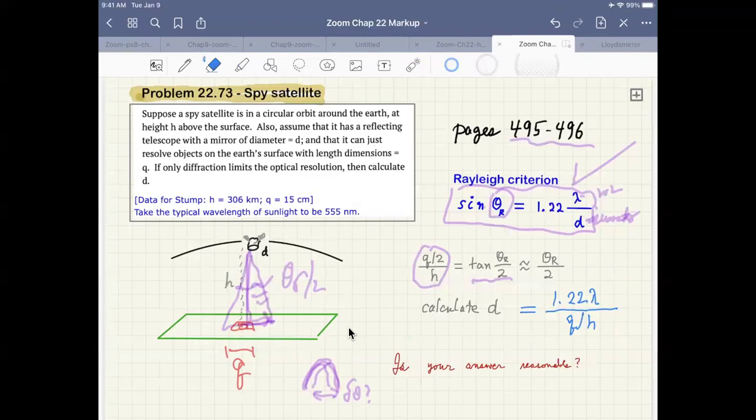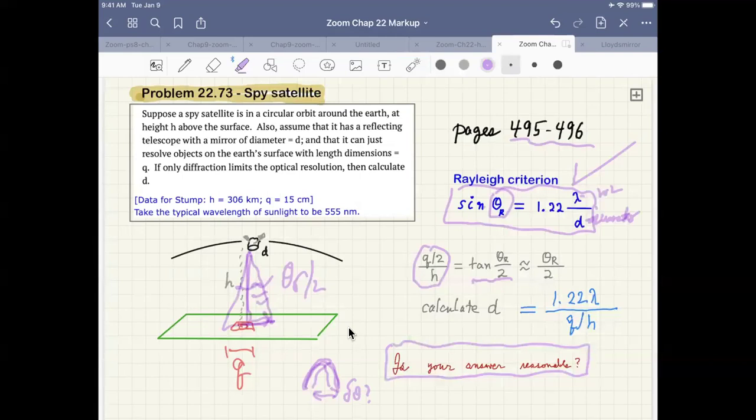And now, is your answer reasonable? I mean, NASA, or actually the Pentagon, puts spy satellites in orbit around the Earth so that they can spy on, I don't know, Russia or China.